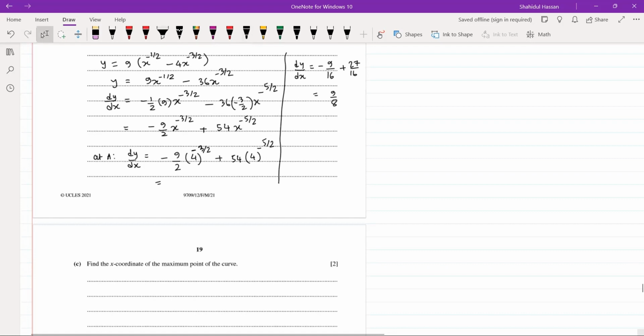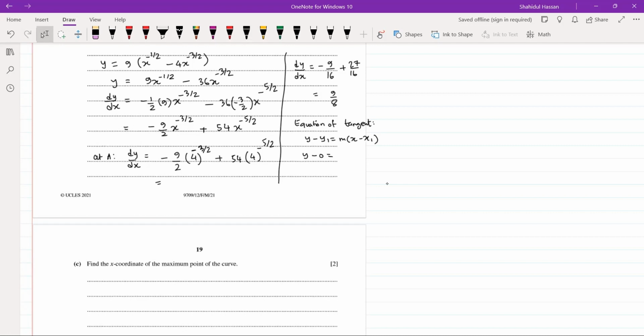Now we need to find the equation of the tangent line. The equation of tangent should be y minus y1 is equal to m times x minus x1. We're going to use the point A, which is 4, 0.